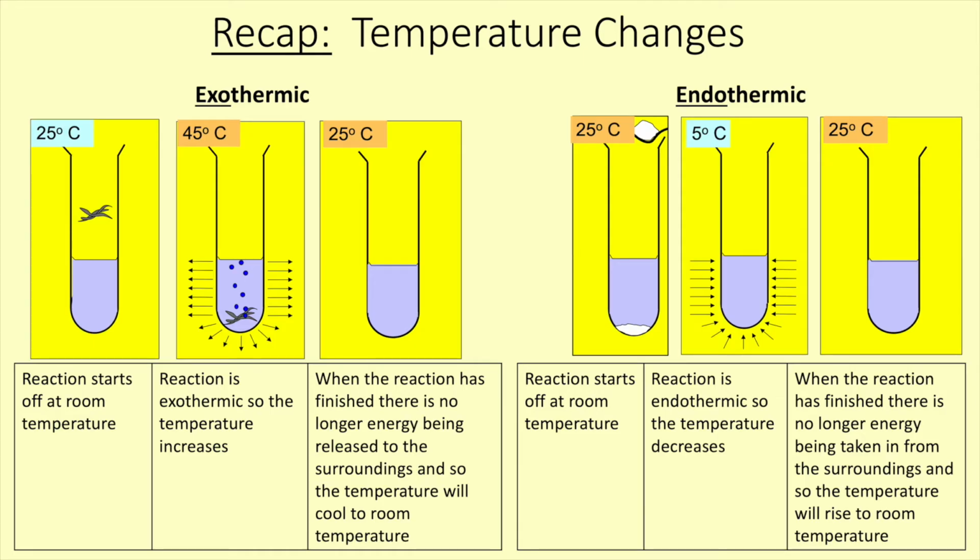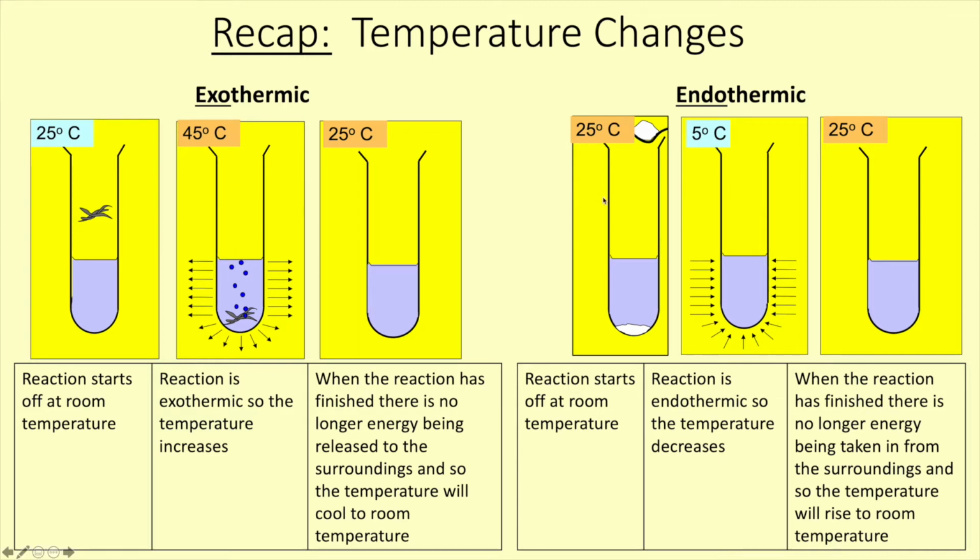So we can also look at the temperature changes of these reactions. So exothermic reactions, we've already said, as the reaction happens, we're increasing the temperature. So here going from 25 to 45 degrees. But once that reaction's finished, it will then cool back down to the regular room temperature of about 25 degrees.